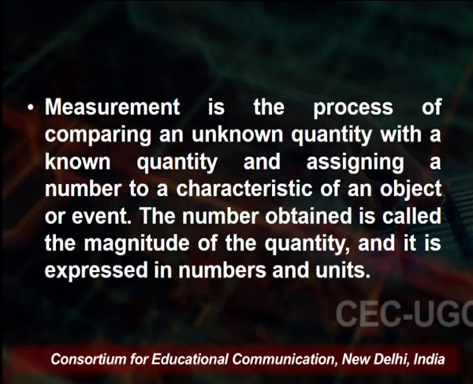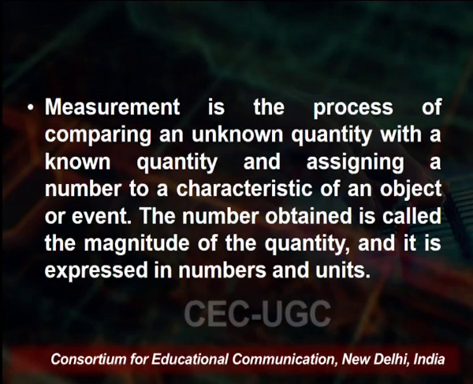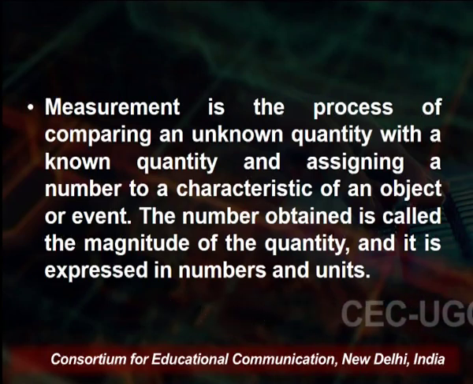The number obtained is called the magnitude of the quantity, and it is expressed in numbers or in units. Whenever we measure any physical quantity, we represent it in the form of a number or a unit. So, measurement is the process of comparing an unknown quantity with a known quantity and assigning a number to a characteristic of an object or an event.